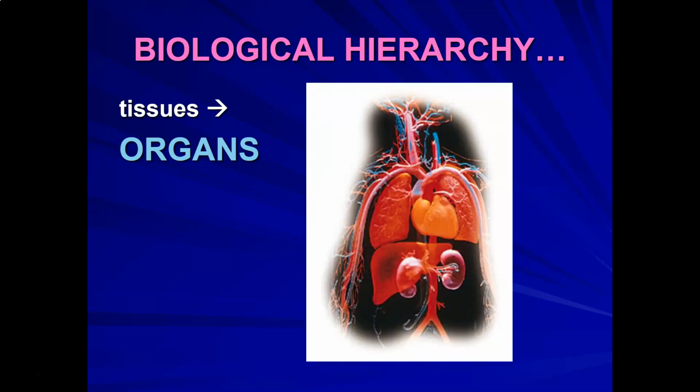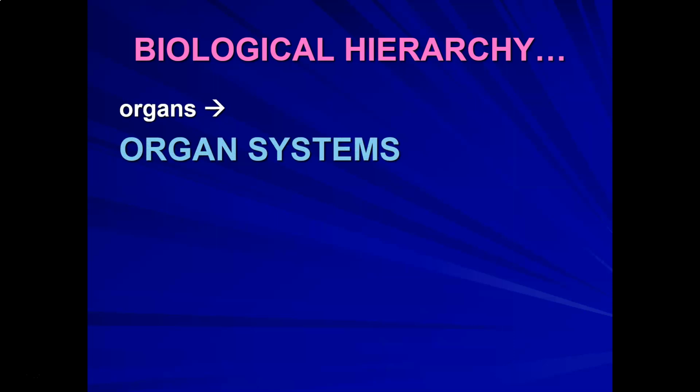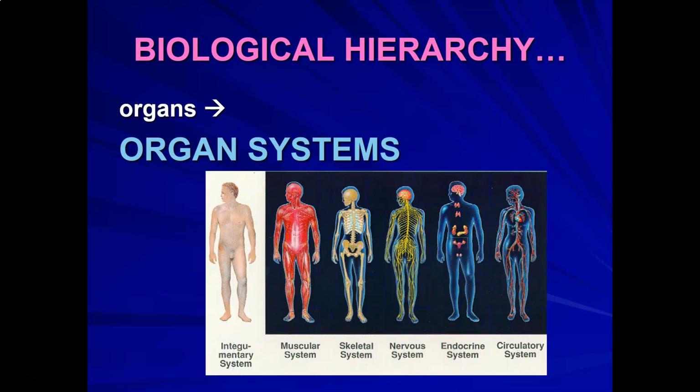And organs in the human body are any organ that we would point to and name, classic anatomy, the heart, the lungs, the liver, the kidneys, the brain, the spleen. Those are organs. We put those organs together in groups and call them organ systems. I mentioned these earlier. Most of these are pretty straightforward. Skeletal system, those are your bones.